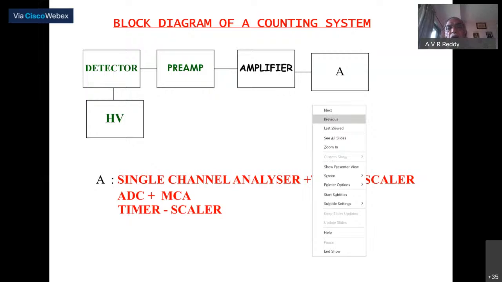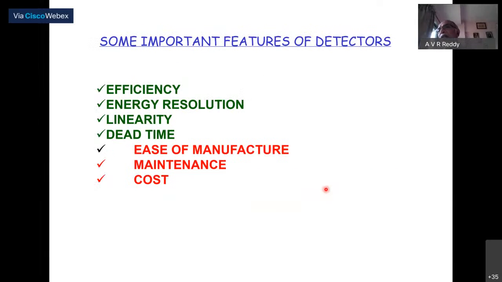Now, some important features when we talk about detectors. Before we go into the details of the detectors, we should remember that efficiency is always an important thing, whether it is in our performance or detection performance or anywhere. What is the percentage of efficiency, we should know.